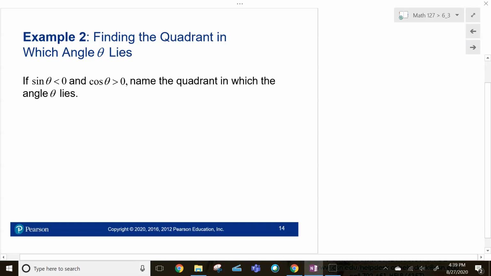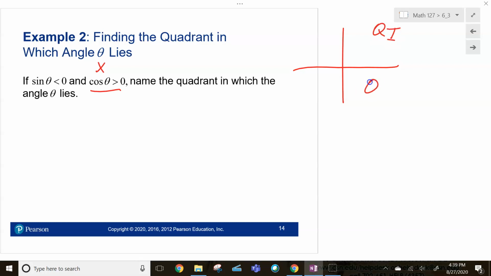All right, if the sine is negative and the cosine is positive, name the quadrant in which the angle lies. Let me start with the cosine positive. If my x is positive, that means I'm either here or here.